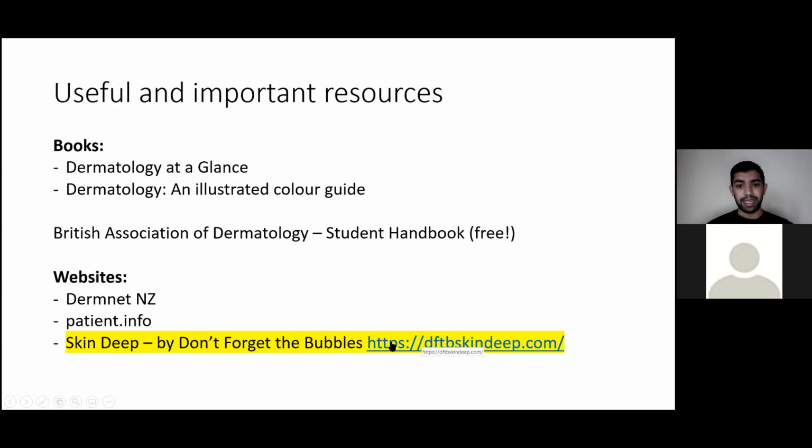It's free and has lots of useful pictures of lots of rashes of different severities on all different skin types. So I'd highly recommend this. It's really important, and I still frequently go and double check things on there. I do hope you get to use it, and I do hope as time goes on, textbooks will start incorporating a more diverse range of pictures, because the presentations do look slightly different on different colored skin.